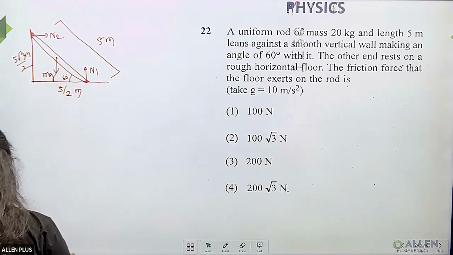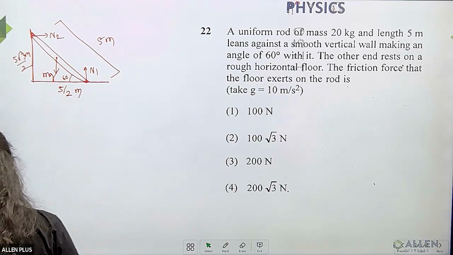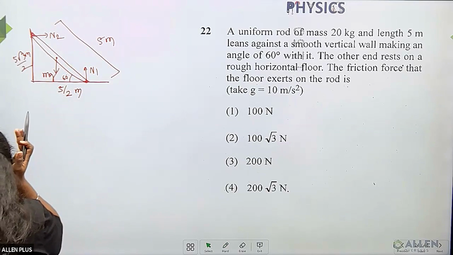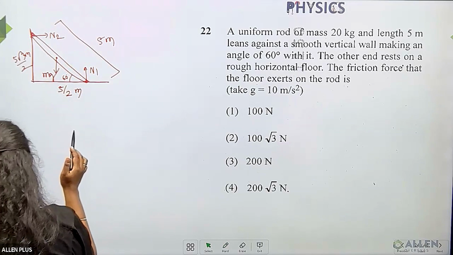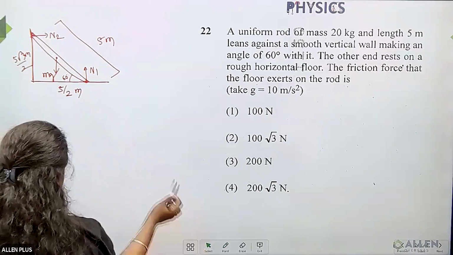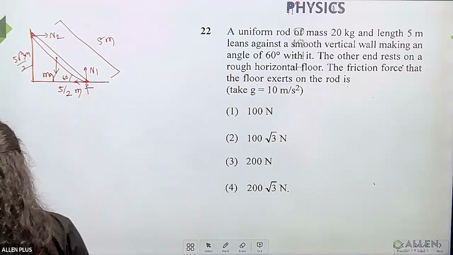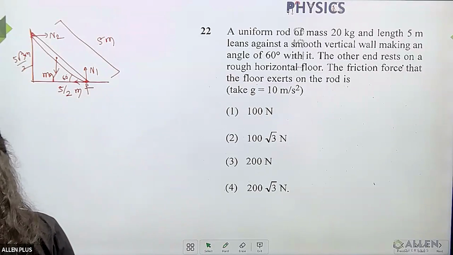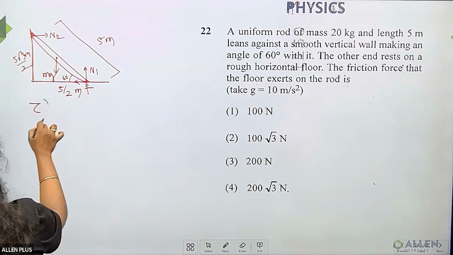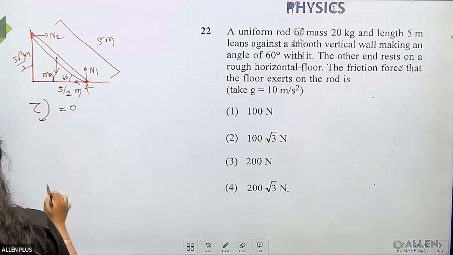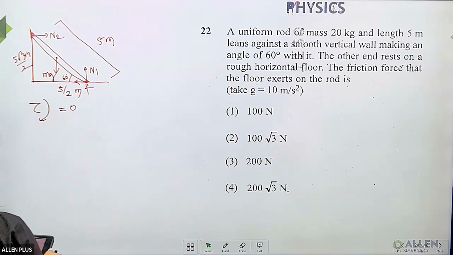And then you would be having the component due to the friction over here, and also due to N2. So the torque has to be equated to 0.